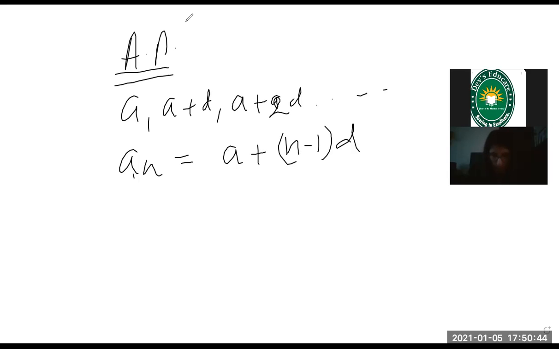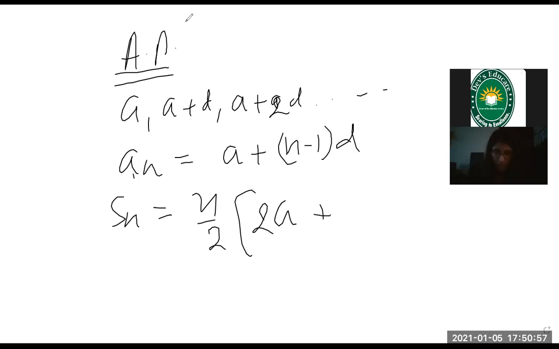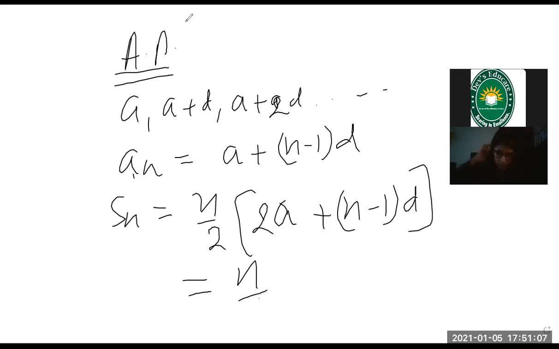The sum of n terms is n over 2 times 2 times the first term plus n minus 1 into the common difference. It can also be written as n by 2 times a plus l, where l means the last term, an.